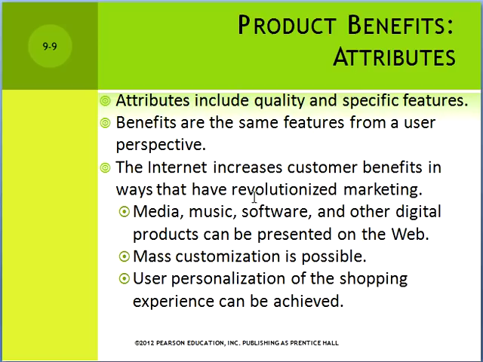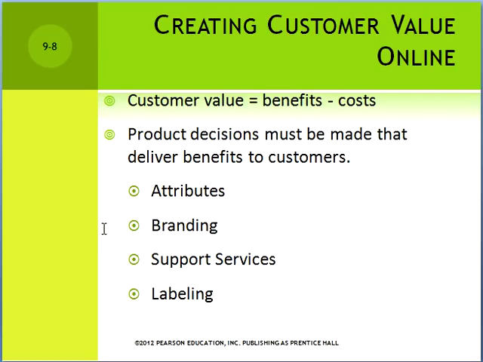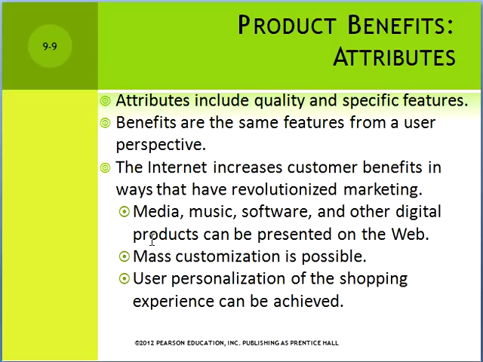The internet increases the customer benefits in ways that have revolutionized marketing. So you see, going back to this formula again, the benefits minus the cost, we are looking at the benefits in the form of attributes, and in this slide we're talking about some examples on ways that have really revolutionized marketing.